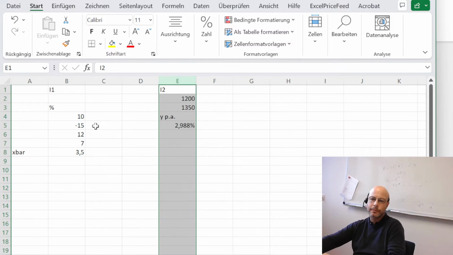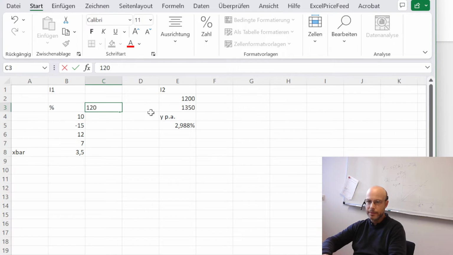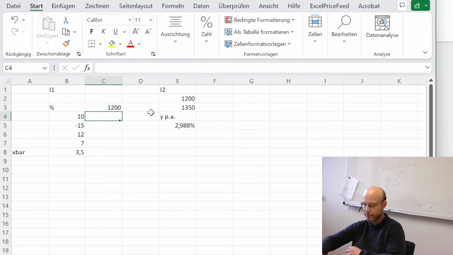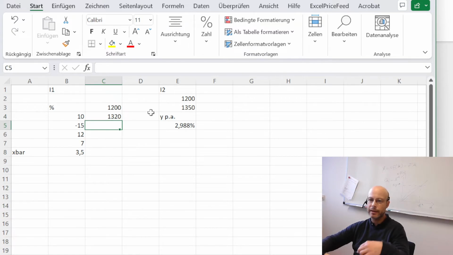Well, let's take also an investment of 1,200. And in this case, 10% up in the first year would be 1,200 times 1 plus 10%. So we have to divide this by 100 and going down. Then we have these 1,320 going down by 15%.